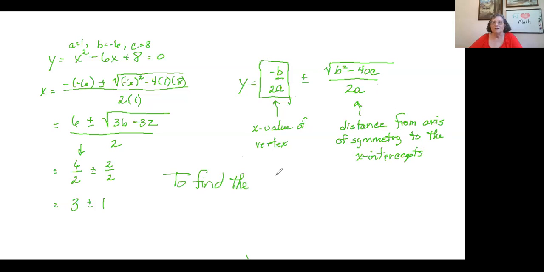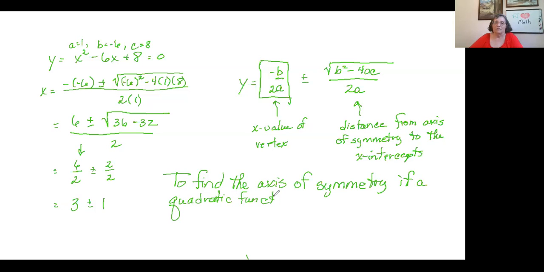To find the axis of symmetry, if a quadratic function is in standard form, let x equal negative b over 2a.